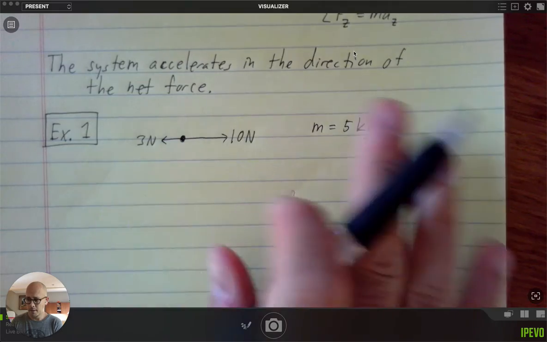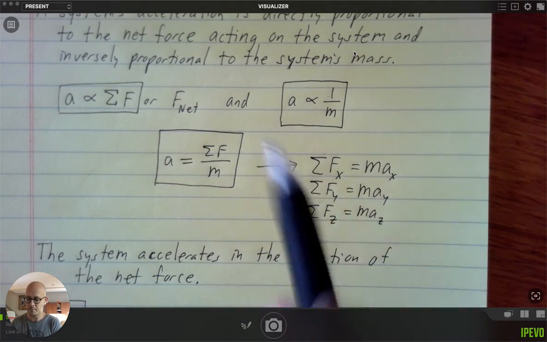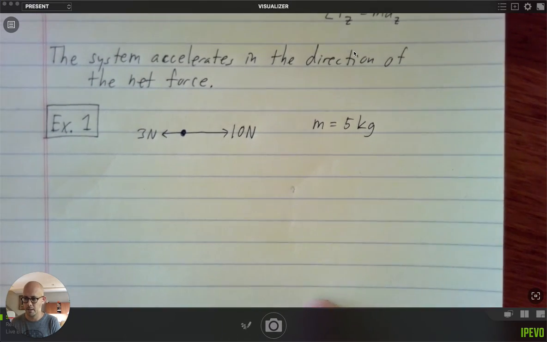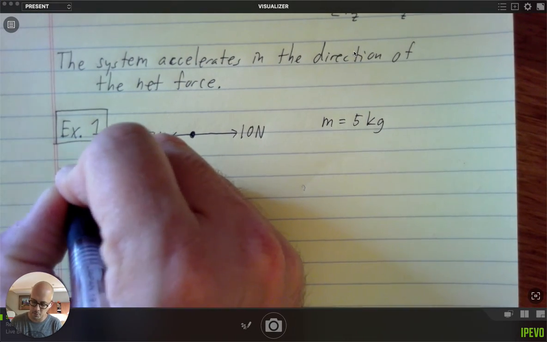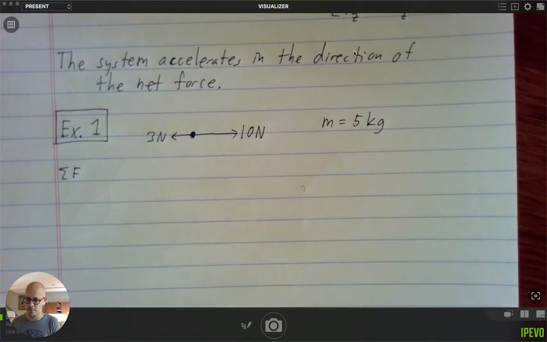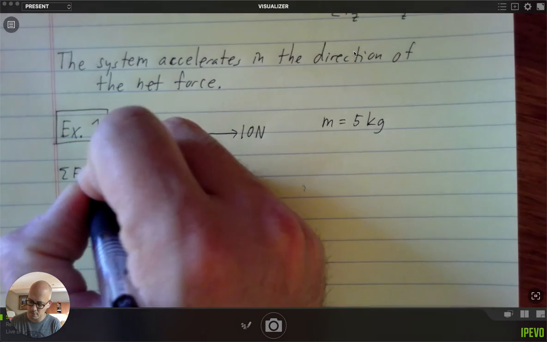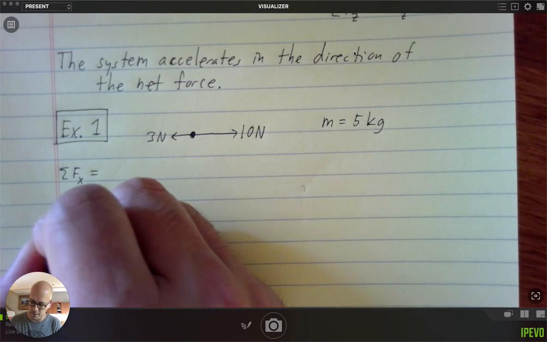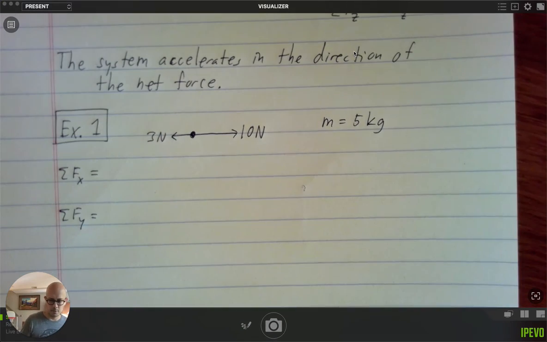So this symbol, net force, or sum of the forces, I'm going to just explain that right here before we do this problem. So this idea of net force, we're going to take it as net force in the x direction, and then separately net force in the y direction. And so these are kind of the rules you're going to apply whenever you do net force.